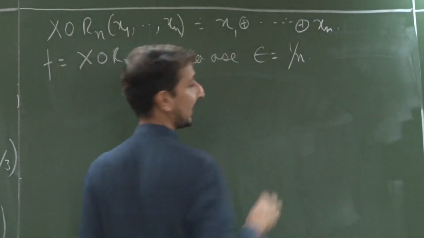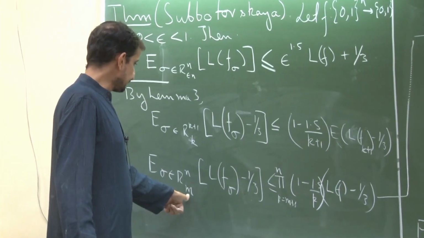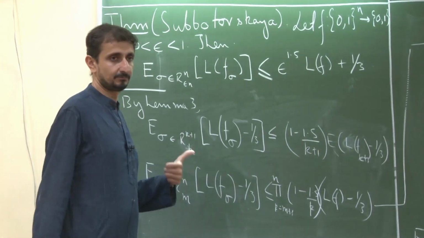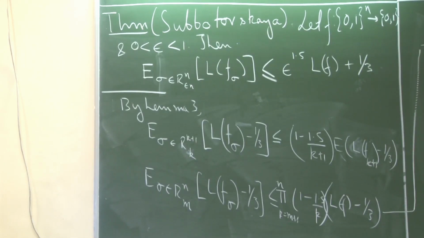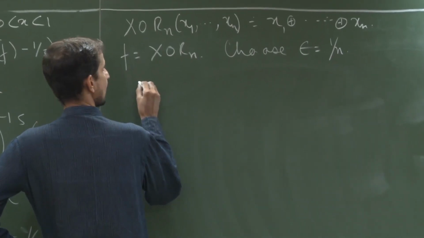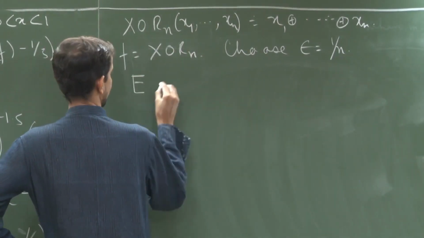One over n. Okay. So, if epsilon is chosen as 1 over n, then m becomes 1. So, only one variable is free. So, then what is this quantity?